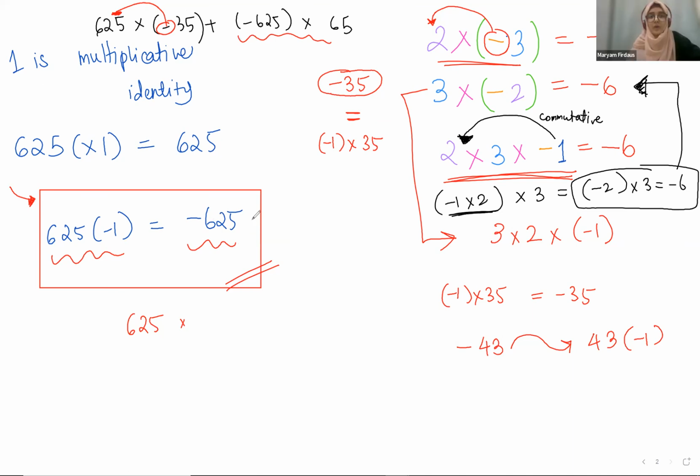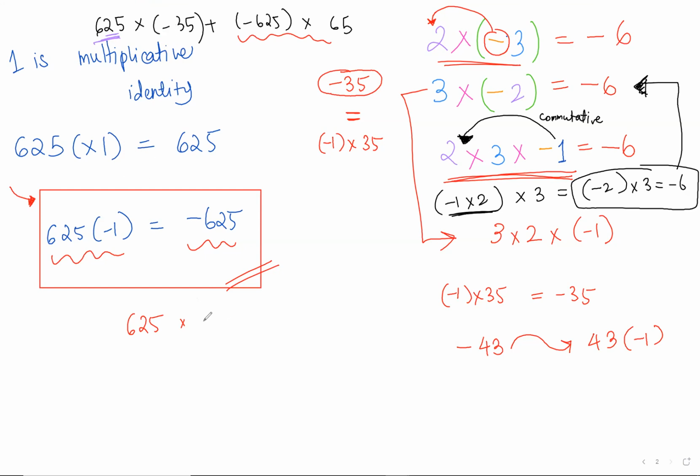So what will we do now? So we wrote the 625 as it is. Next, we will multiply 625 by minus 1. No, that will come in the next step. Okay, right now tell me, what should I do with my negative 35? Multiply it by minus 35.